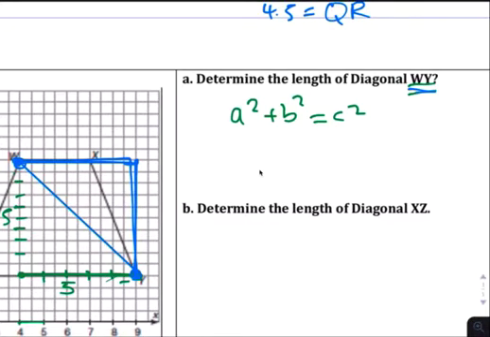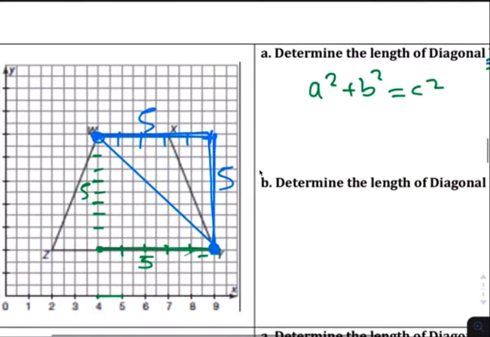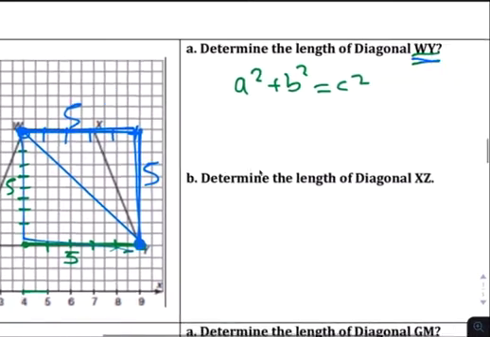So you can count 1, 2, 3, 4, 5, and this is also 5. So either way you see it, they're both 5s, right?